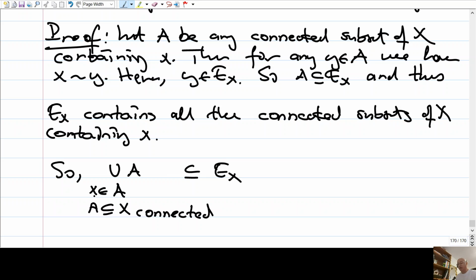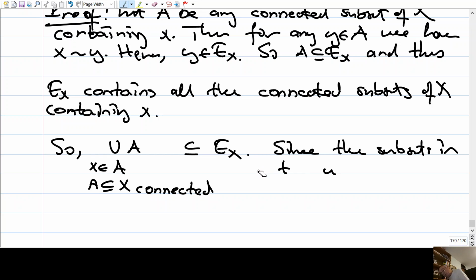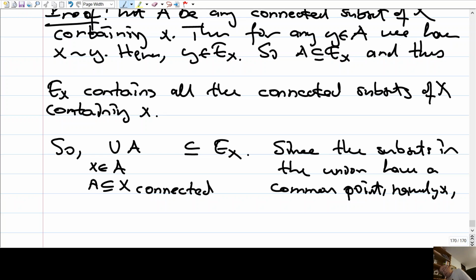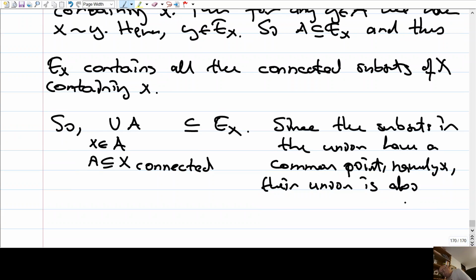They all contain the point X. Therefore, their union is also connected, since the subsets in the union have a common point, namely X, their union is also connected.